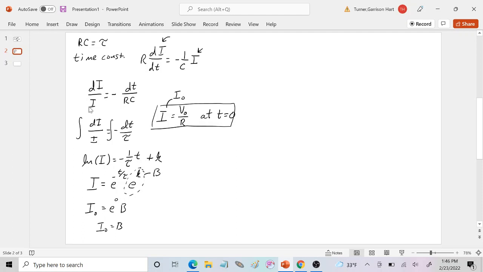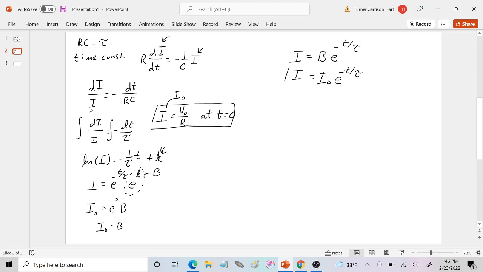So the exponential of the integration constant once again represents the total current, or the maximum current, I should say. So with that in mind, our current as a function of time looks like this, where B is now once again the maximum current.